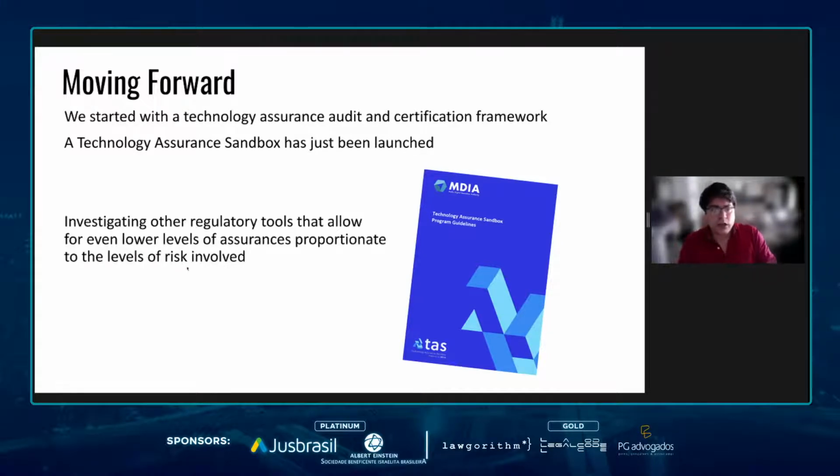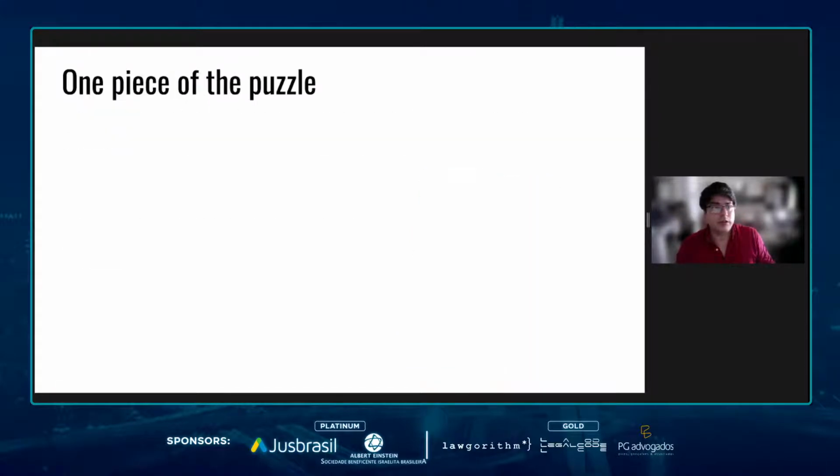And in future, we're looking into other tools to include in our regulatory framework that might even allow us to apply lower levels of assurance for lower-level risks. And these two tools that we have now, we feel, are going to help us adapt quickly to other regulatory regimes as they're put forward, such as those from the European Union, for example.